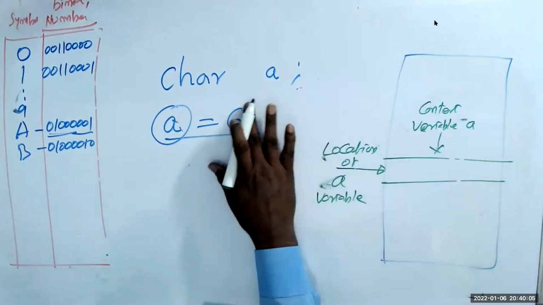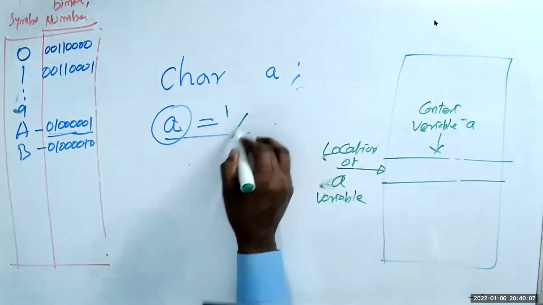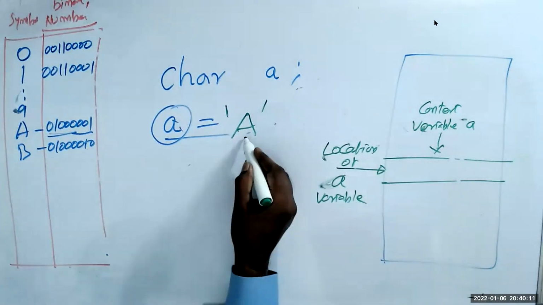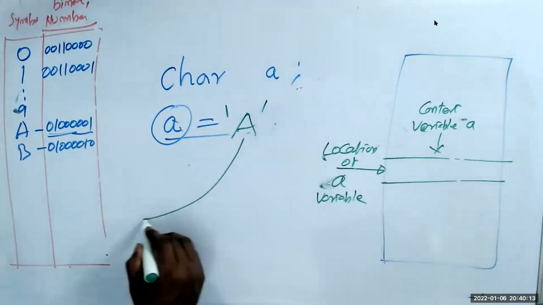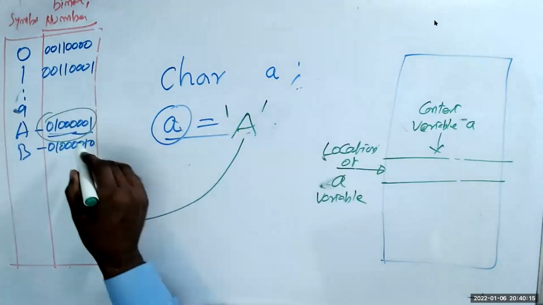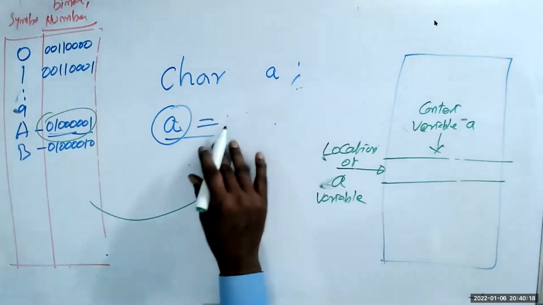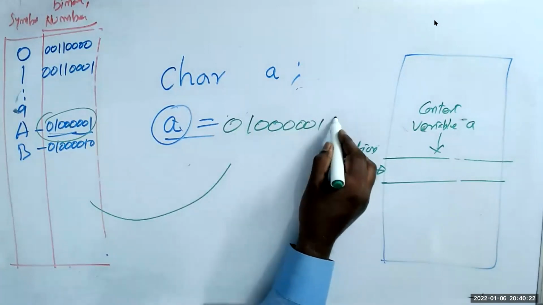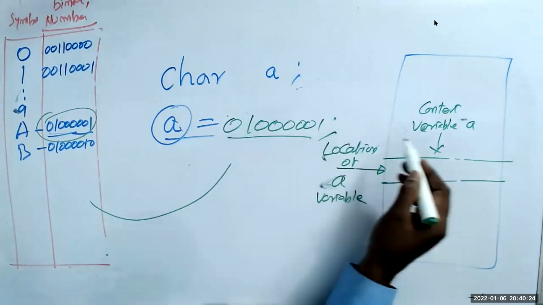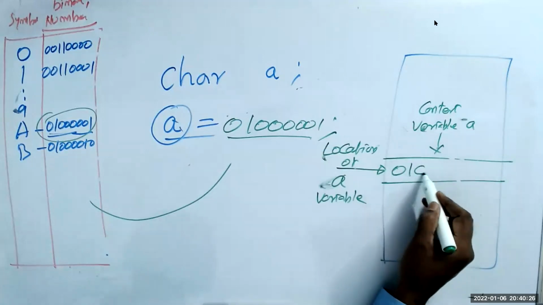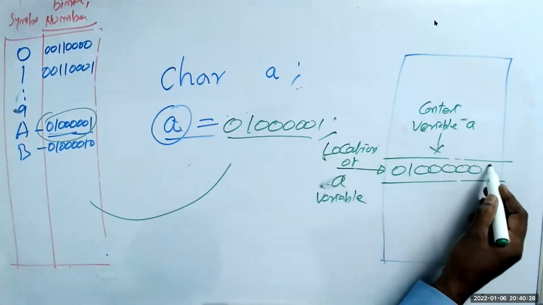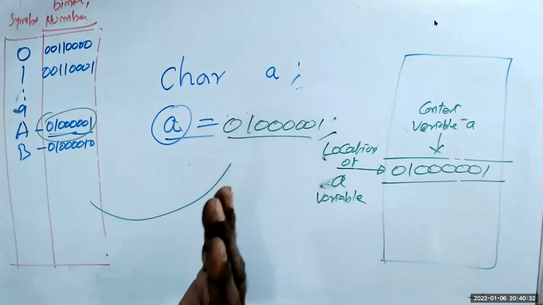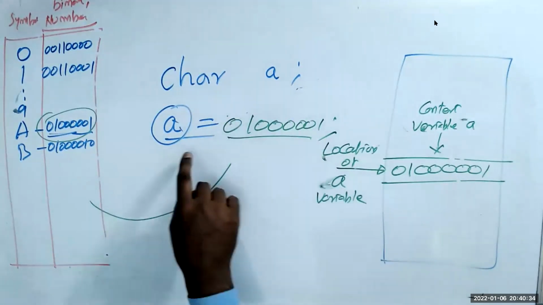If you put, for example, A within quotes, the compiler checks the code for A, 01000001, and replaces it, and this goes here. So whatever is on the right-hand side always gets converted to binary and goes there.